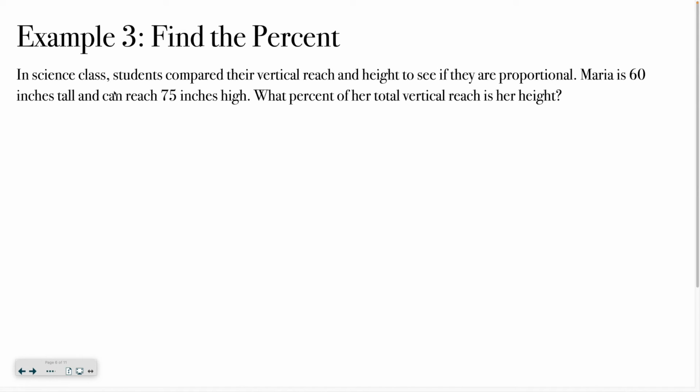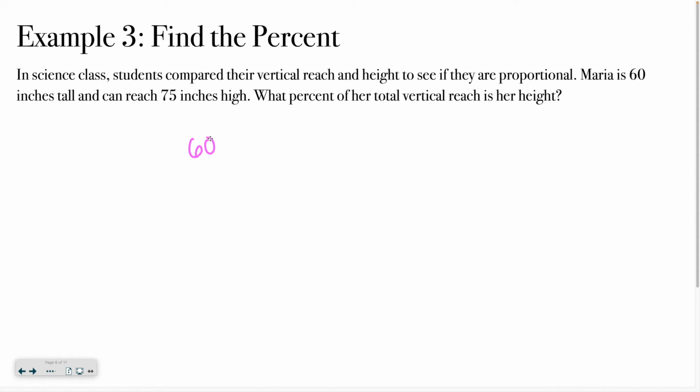We have in science class, students compared their vertical reach, so how high they can reach, and their height, so top of their head, to see if they are proportional. Maria is 60 inches tall and can reach 75 inches high. What percent of her total vertical reach is her height? Okay, so the part here would be just her regular height, right?